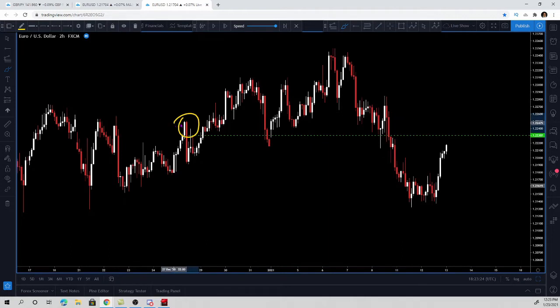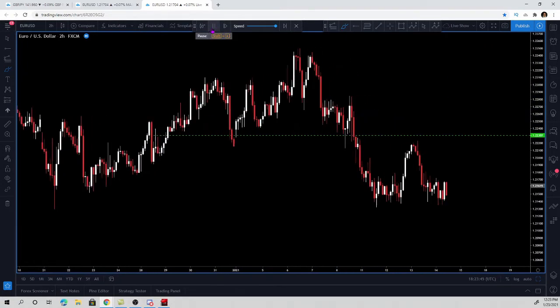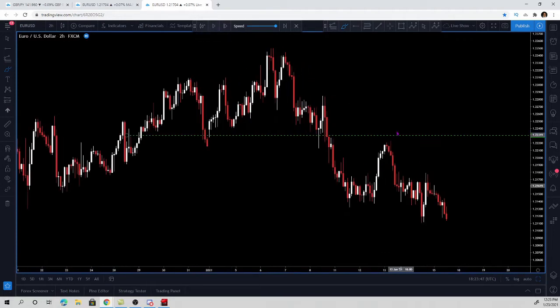This level has been rejected already 3 times, even if price already broke through it to the upside and to the downside, right? When we broke to the upside, we retested it as support, and now that we have broken to the downside, we might retest it as resistance, and this is the level that we should be looking for short. And as you can see, this is the level that was tested and retested as resistance.